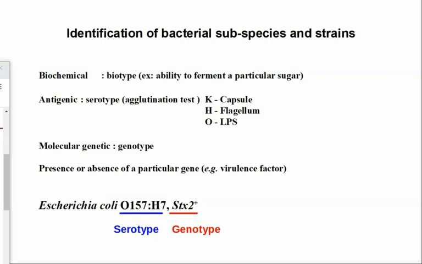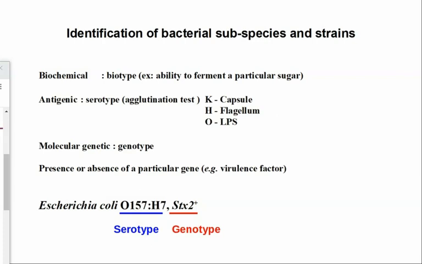Now, in many cases, it's interesting and important to get a subspecies level identification. Which strain of Escherichia coli or which strain of Streptococcus pneumoniae have you got? For Streptococcus pneumoniae, very many strains are not invasive and do not present a danger to the person who's carrying them in their nose.